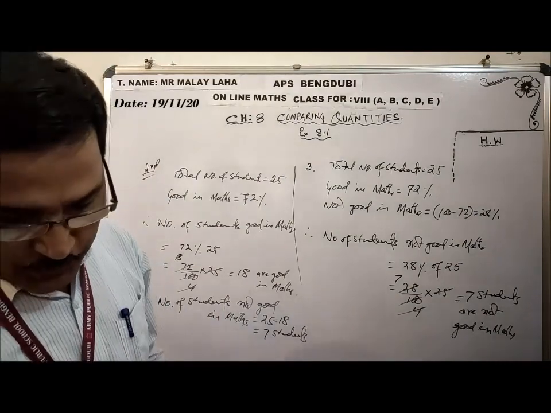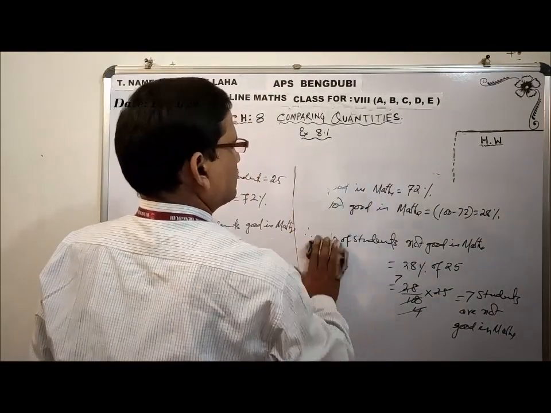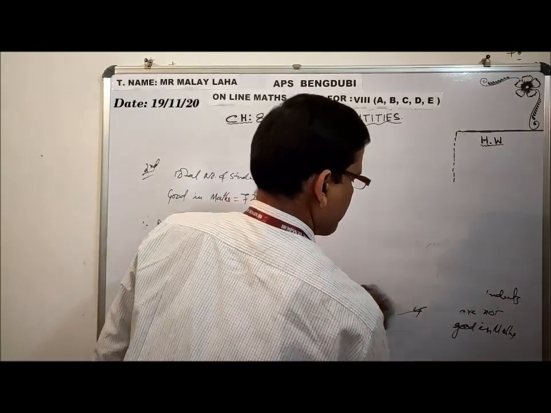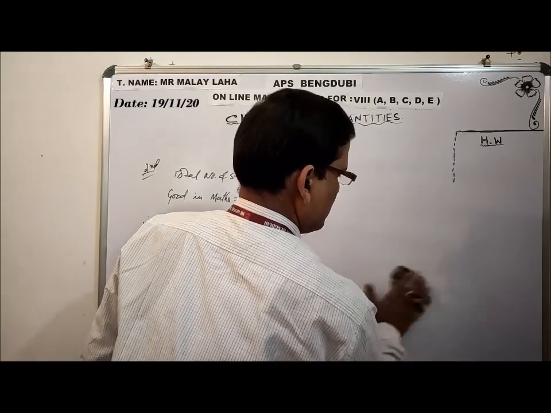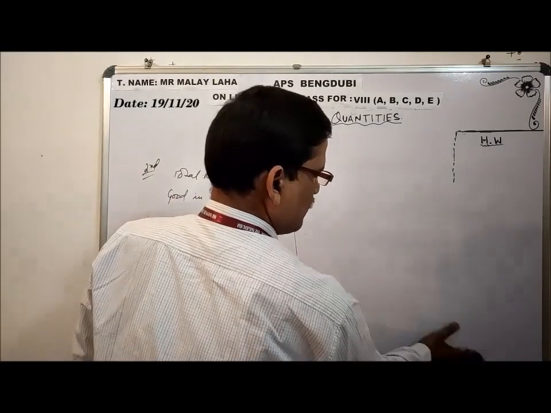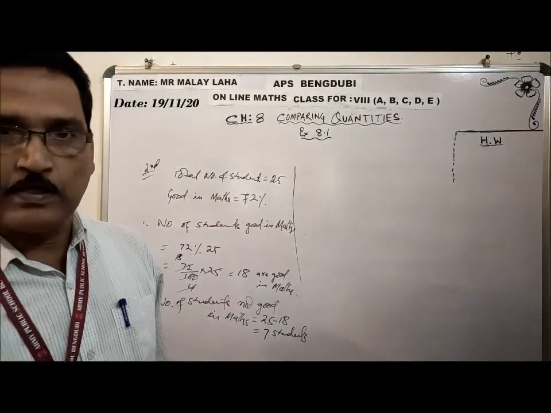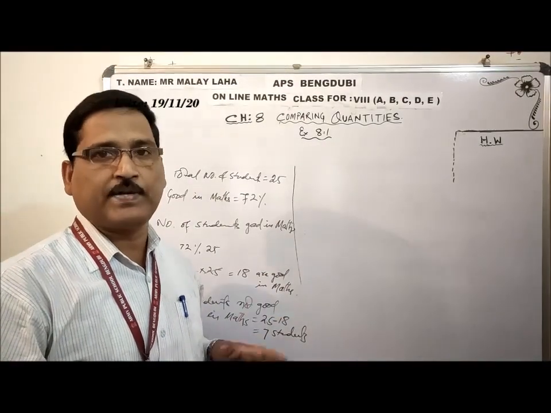Now, question number 4. I am coming to question number 4. You need to learn a little bit. Go through the class 7 standard book again, I am telling you because you are not attending the proper class, so you have enough time at home.